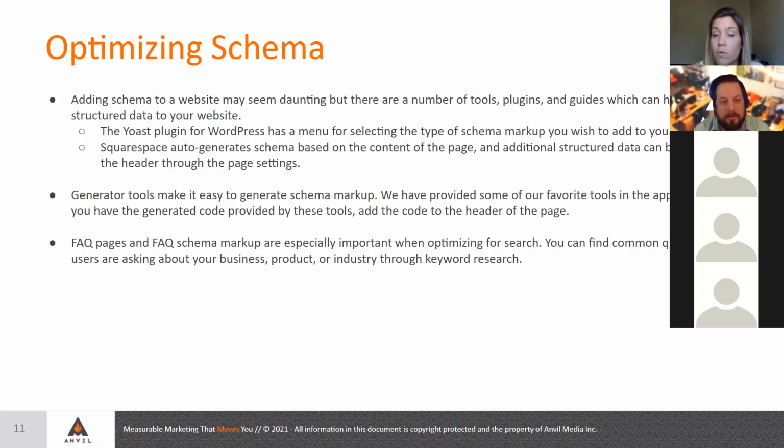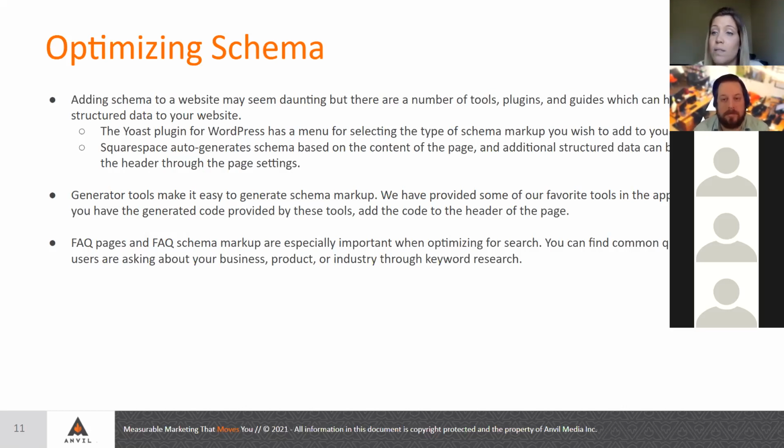And so one of the reasons WordPress is such a widely used and widely loved CMS platform is the use of plugins that make it easy for those who are not experienced with technical components of a website to implement some of these more advanced features like schema markup. So specifically with WordPress, Yoast is a very helpful tool and helpful plugin when it comes to adding schema markup to your site.